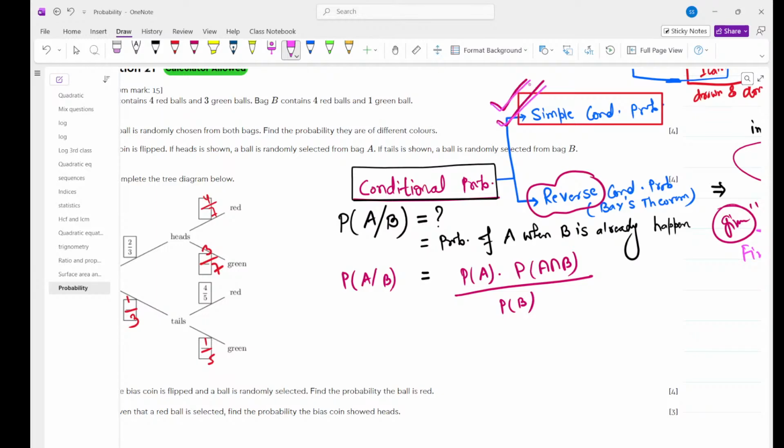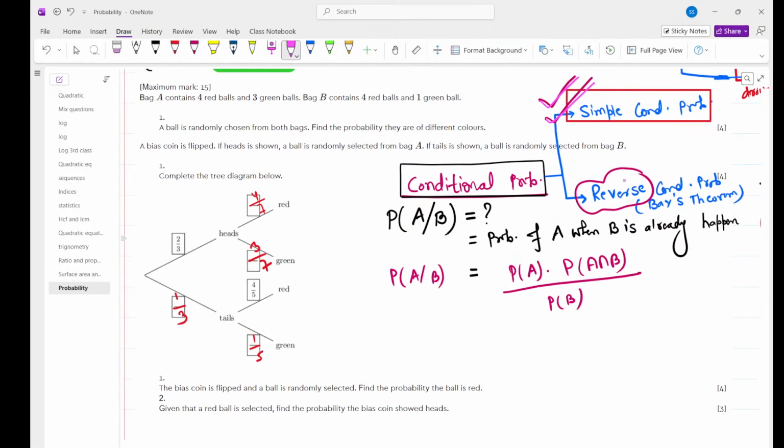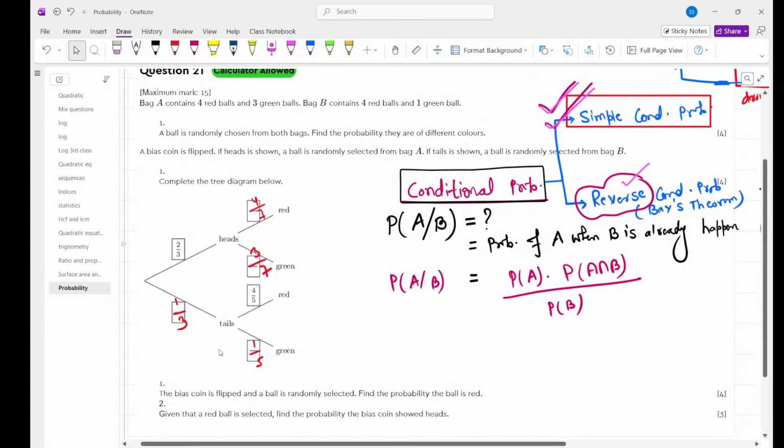This will most probably be your question. Suppose you don't have the formula for reverse conditional probability, no problem. First, decide: is it a simple conditional probability question or a reverse conditional probability question?